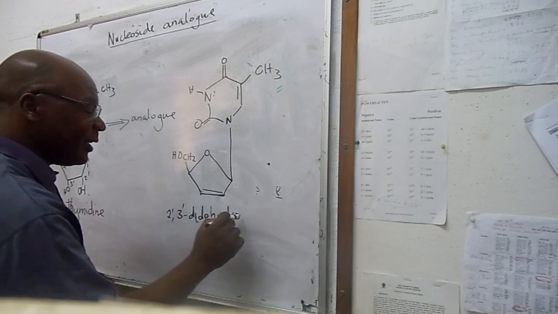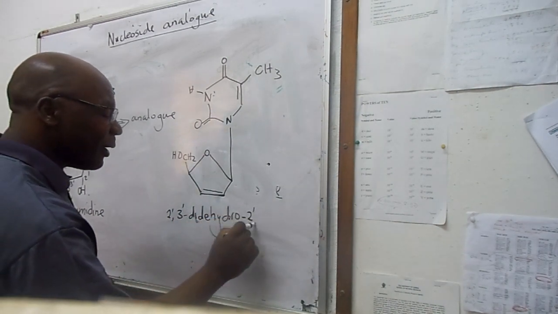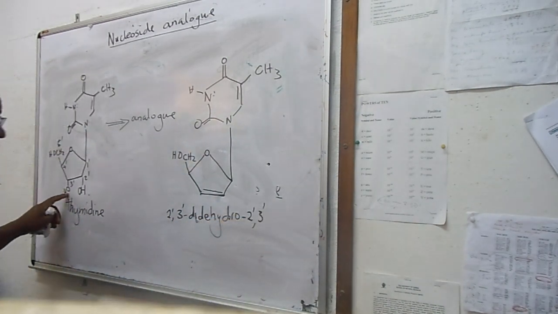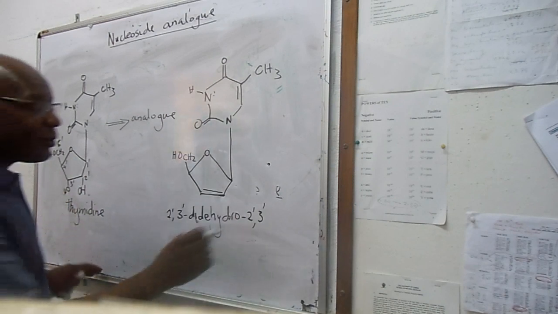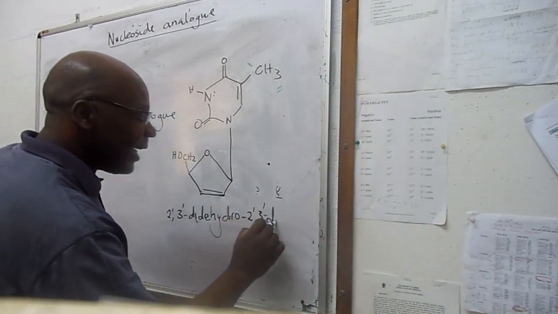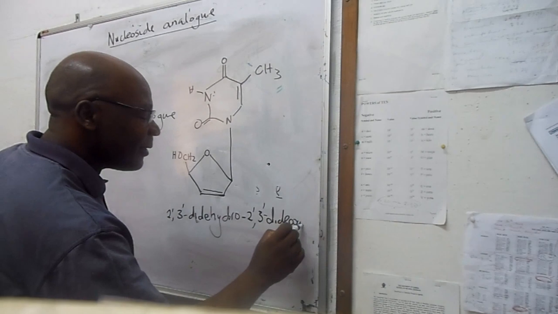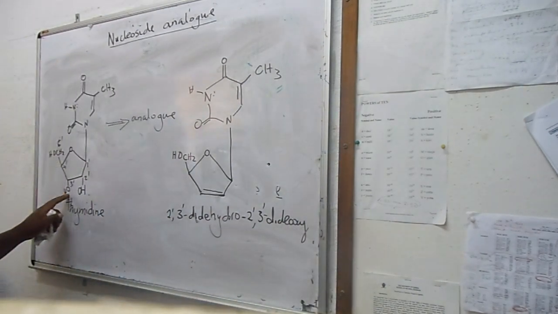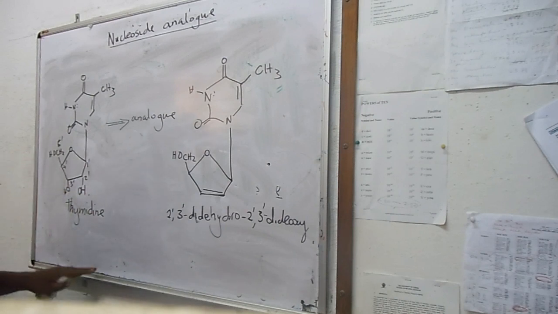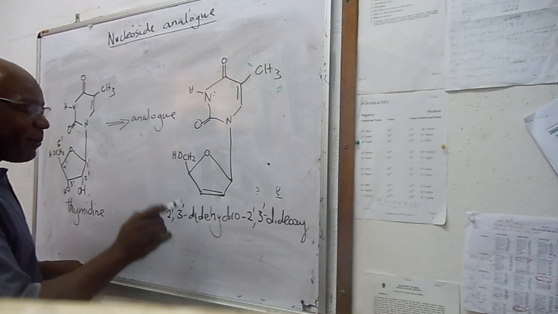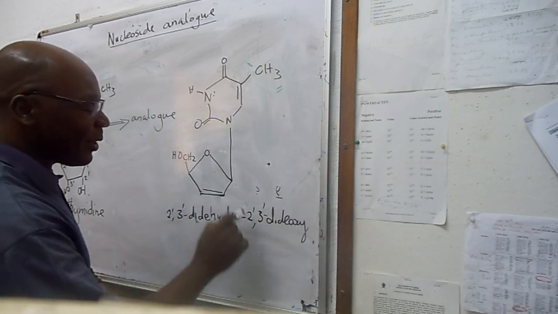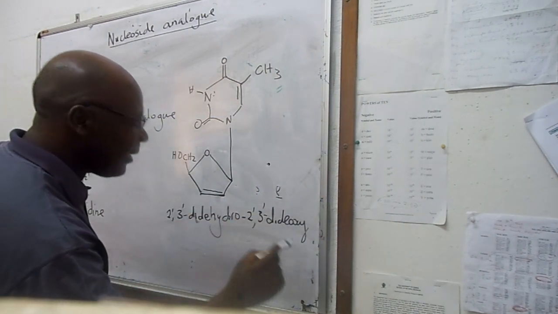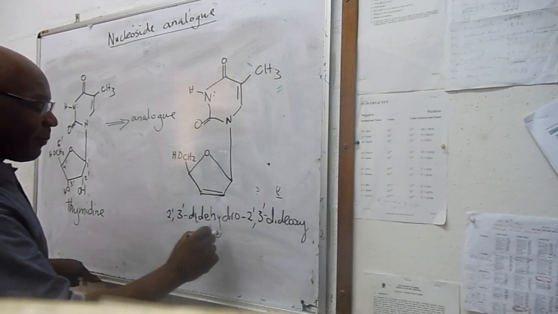But initially, at the same position number 2 and position number 3, there was the oxygen, which I removed. So I would say dideoxy. There is oxygen, which I remove to start with, and the resultant hydrogens that remain also I remove. Hence the name 2 prime 3 prime didehydro, 2 prime 3 prime dideoxy thymidine.